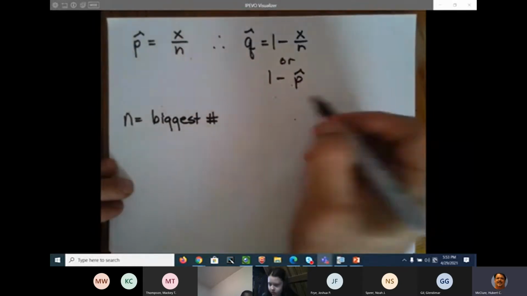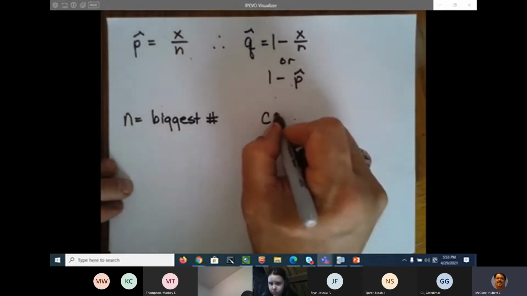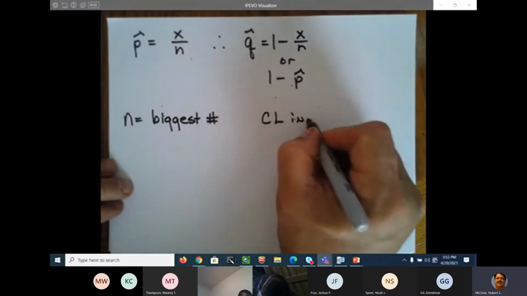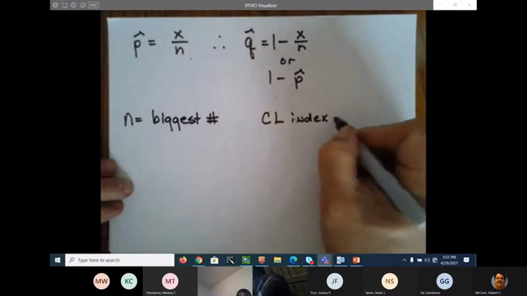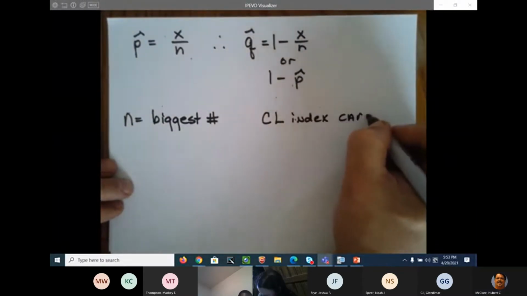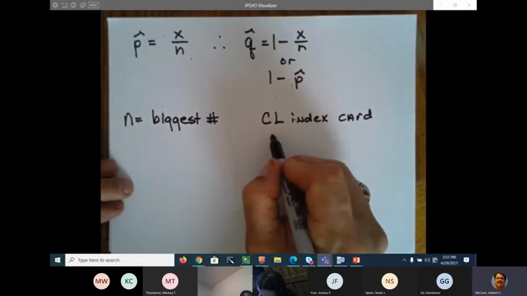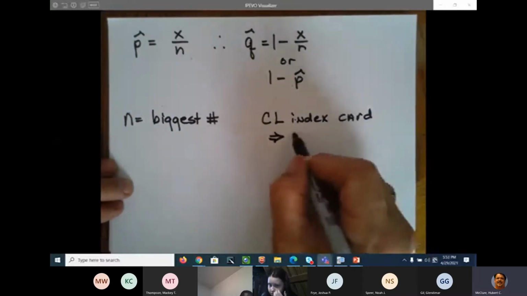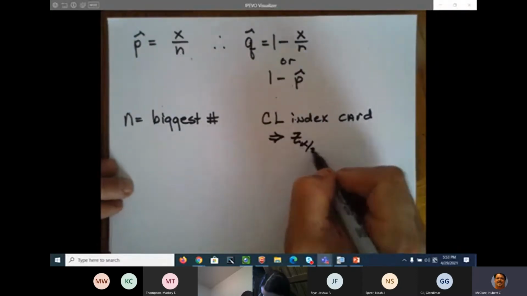And don't forget your confidence level index card. The confidence level index card gives you what? z sub alpha over 2.